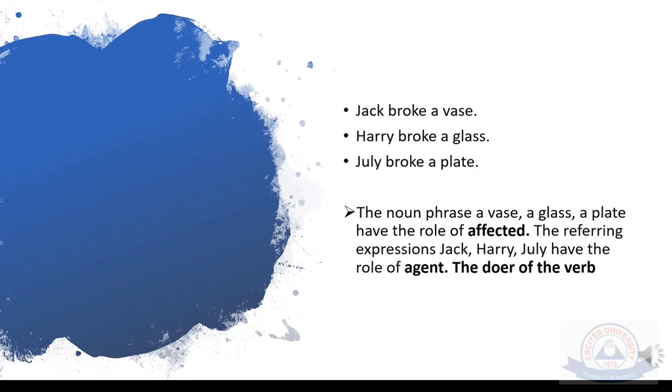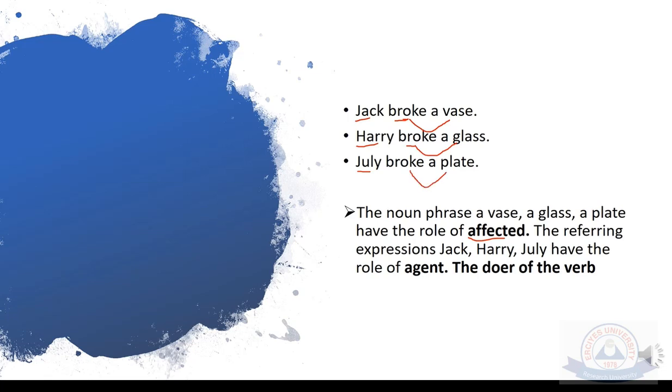So when we change the sentences a little bit, like this: Jack broke a vase, Harry broke a glass, Julie broke a plate. Here the noun phrases, a vase, a glass, a plate, have the role of affected. They are all affected by the verb, as you can see in these three sentences.